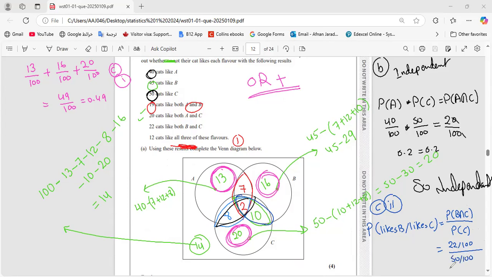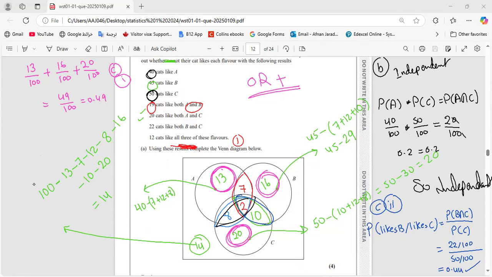So 0.22 divided by 0.5 equals 0.44. The final answer is 0.44.